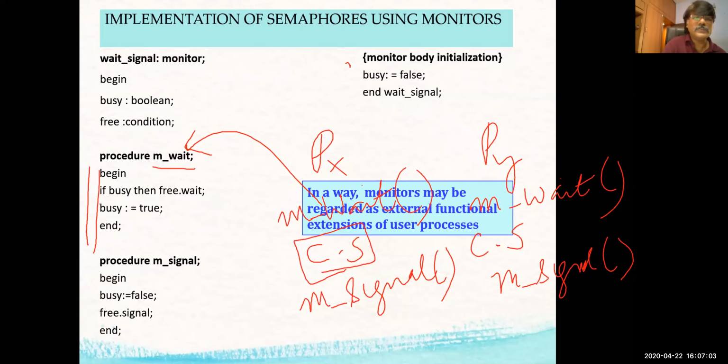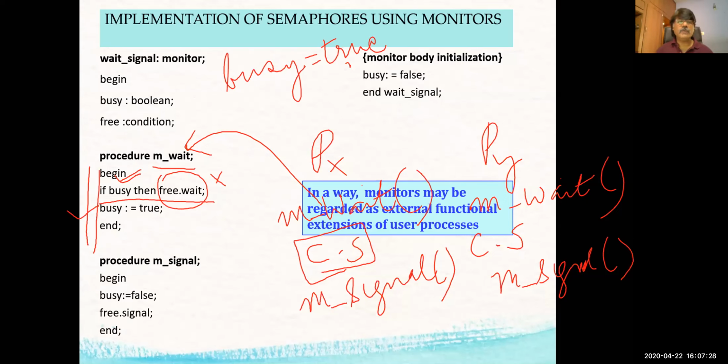What will the mWait function check? It will check whether busy is true or false. Now please concentrate here. If busy is true, then free.wait. If busy is false, this free.wait will not be executed, and busy is set to true.